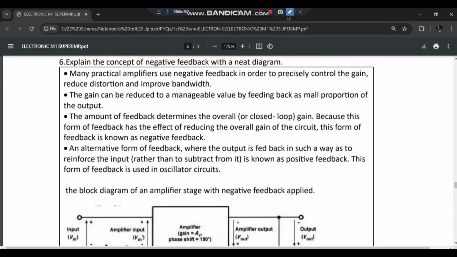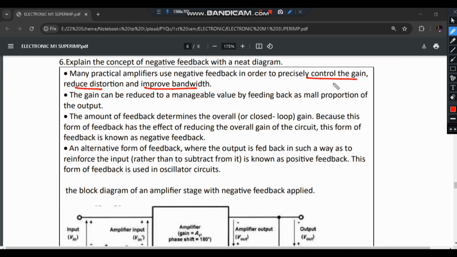Moving on to the next concept, we have negative feedback with a diagram. Negative feedback means if the result we are observing is not what is expected, a feedback is given so that the expected output will be seen in the next iteration. That is called negative feedback. Some key points: it improves the bandwidth, reduces distortion, and controls the gain.